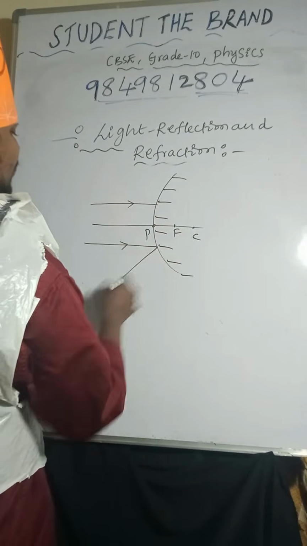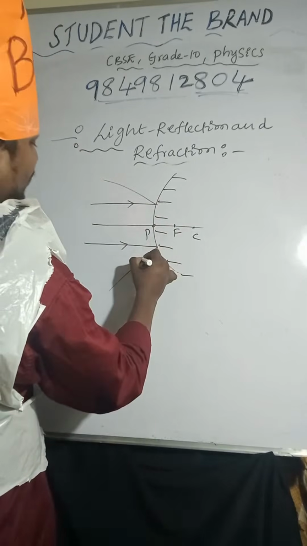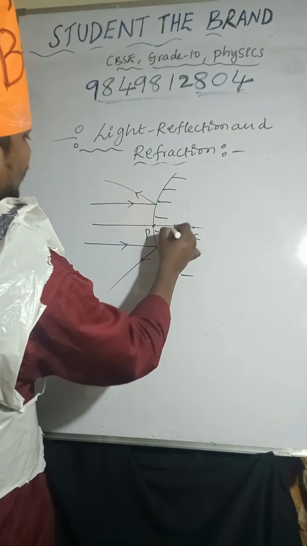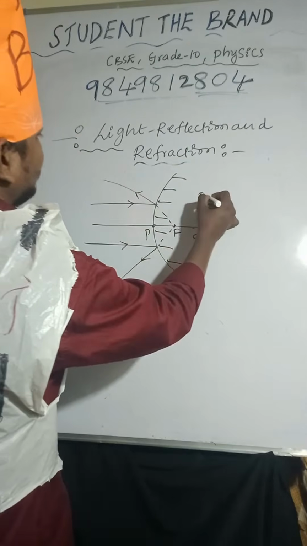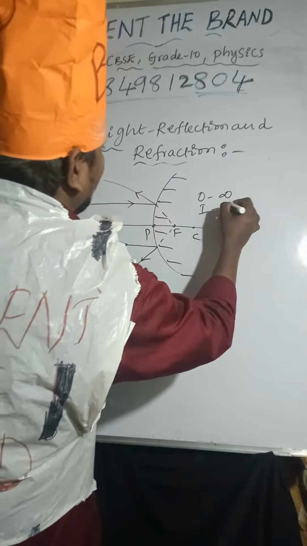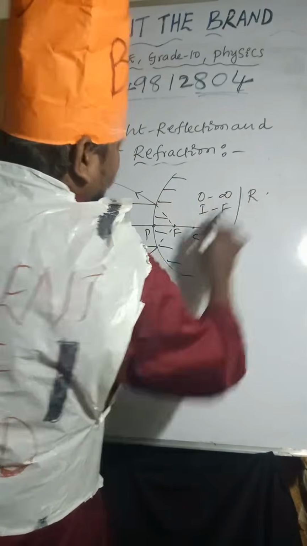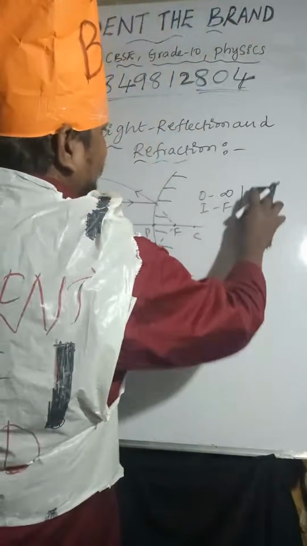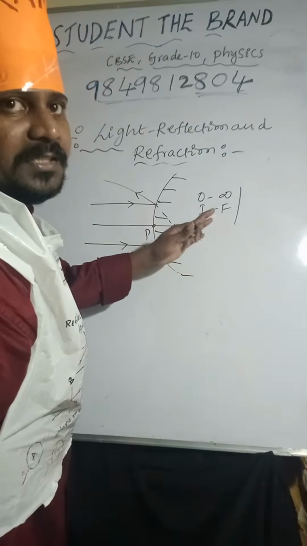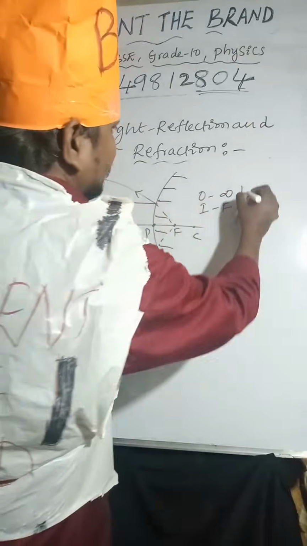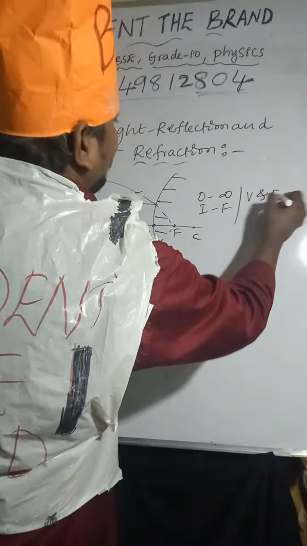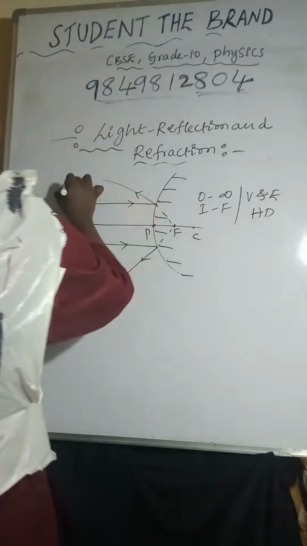One light ray I am taking like this, another light ray. If you extend these light rays, the image will form at focus. Object is at infinity, image is forming at focus. Nature of the image is virtual, erect and highly diminished. So that is the first one.